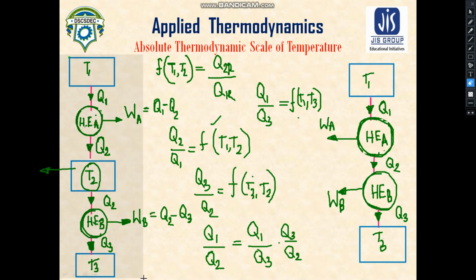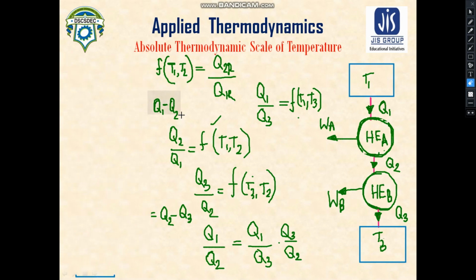I will be clearing up this drawing because it will not be required now, and it will give me some space to explain here. So here you can see this is your expression, which you can easily understand. Now if you want to find this ratio Q2 by Q1, then you need to modify this expression a little bit.